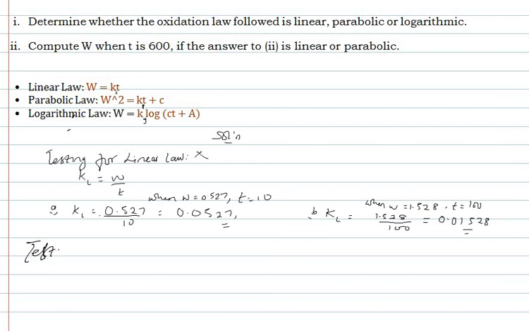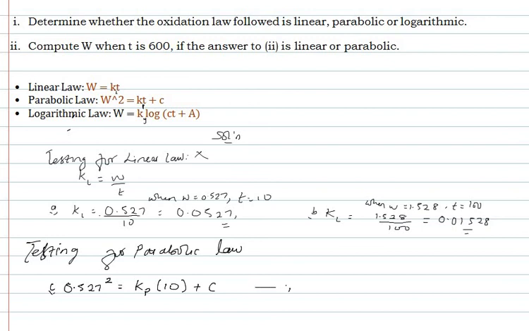Testing for parabolic law. Here we are going to take the same values we used to test for linear law. Let's say this is C. We'll say W is 0.527, right? 0.527 squared is equal to our Kp, which is unknown, times our T, which is 10, plus C, which is also unknown.